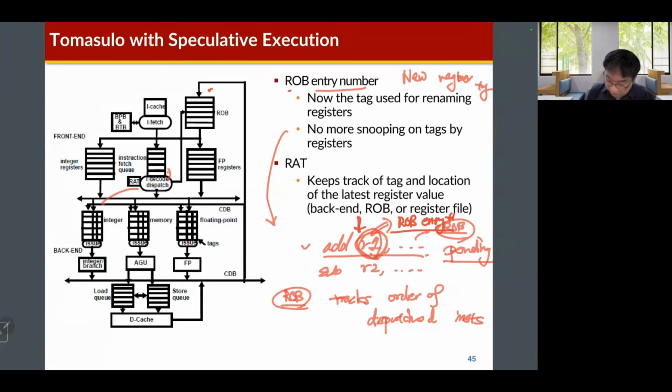Okay, so which means that RAT tracks the status of registers. For the corresponding destination register R1, RAT changes the status of R1 to pending, and also the RAT stores the ROB entry number, like the ROB number for this register.